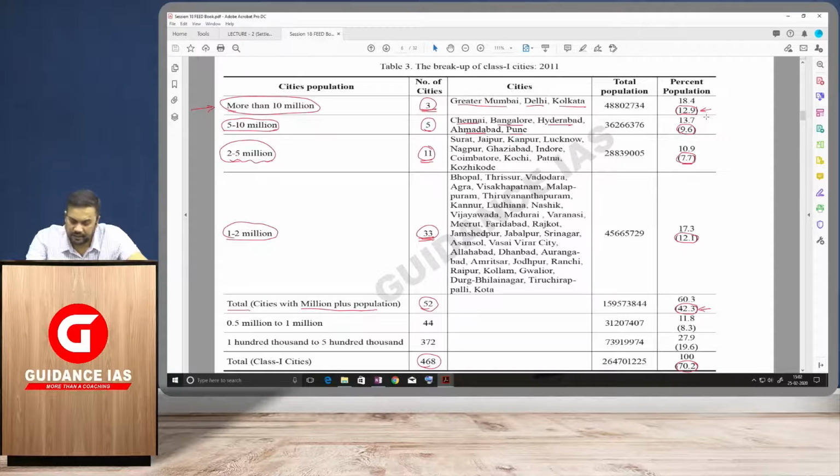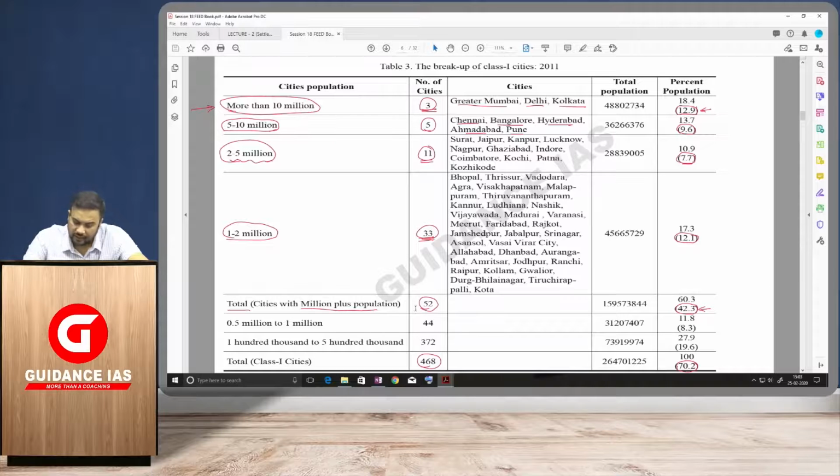So how much is actually the distance when you compare it with the total class 1 cities? How many are total class 1 cities? There are 468 class 1 cities. But compare them with the 52 million plus cities, which have 42.3% of the urban population. In class 1 cities, there is 70.2% of the urban population.